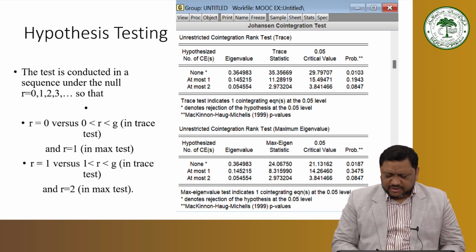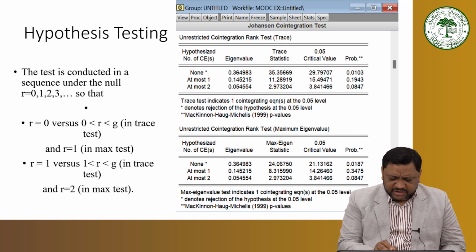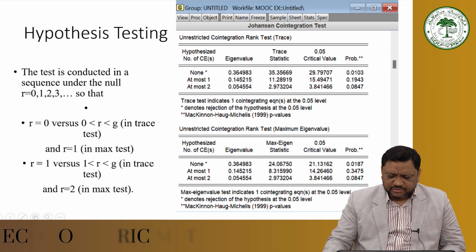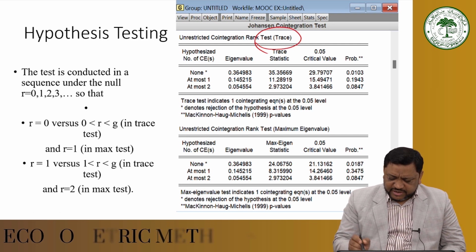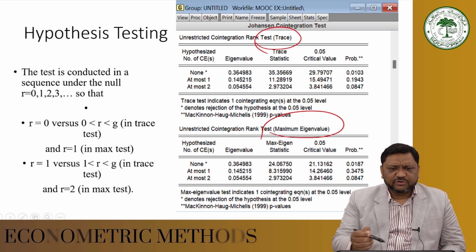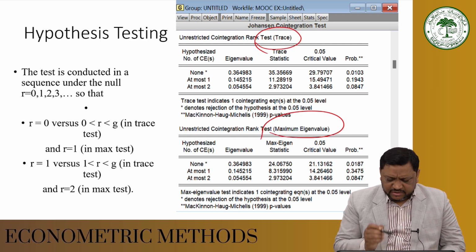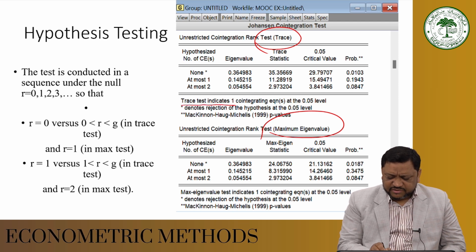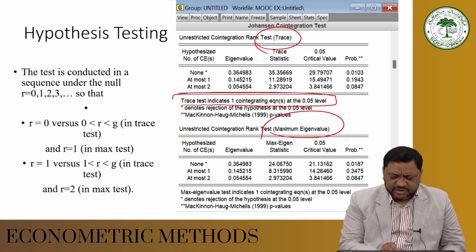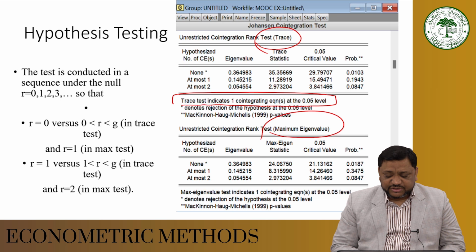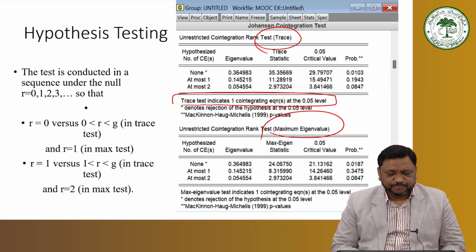Through the software, you can see very clearly that we get both the trace and the maximum eigenvalue, the two tables, and it gives a direct result stated over here. The trace test indicates one cointegrating equation at the 0.05 level.